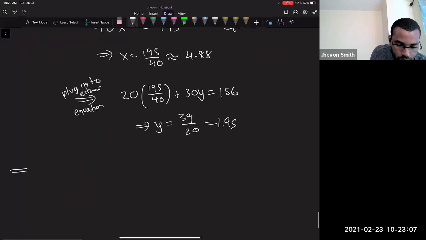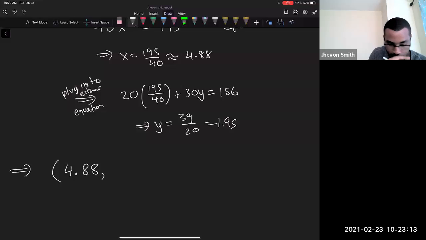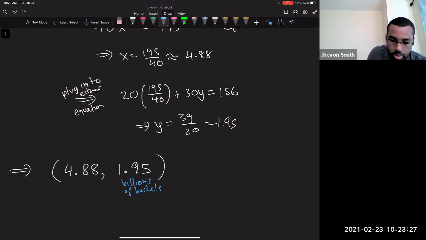Turns out the y in this case is going to be 39 over 20. So this means the perfect price to sell it at is $4.88, and the perfect amount to make is 1.95 billion bushels. So this is billions of bushels. This is the price.